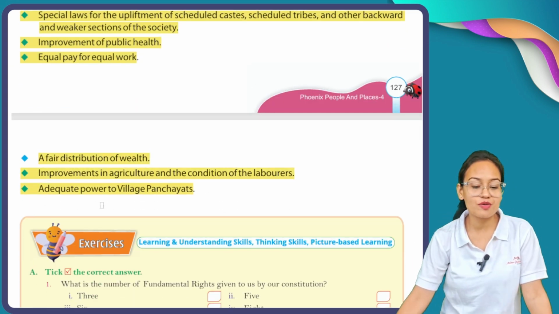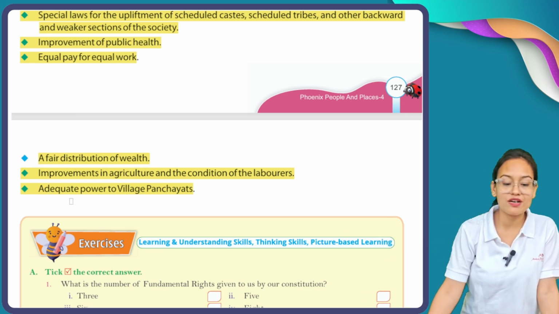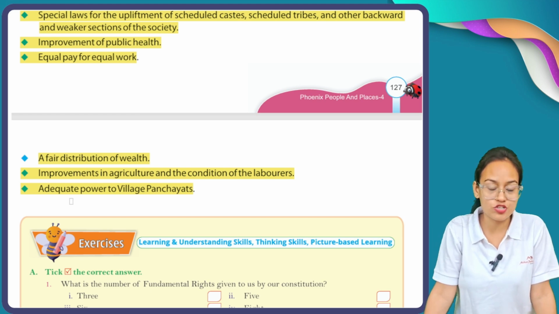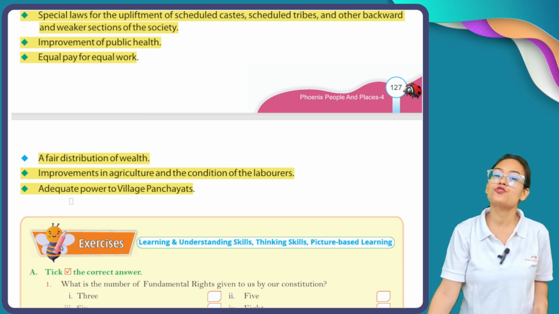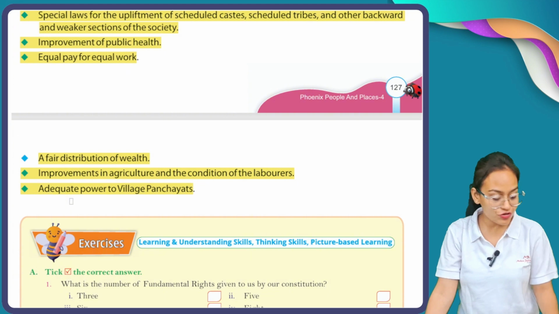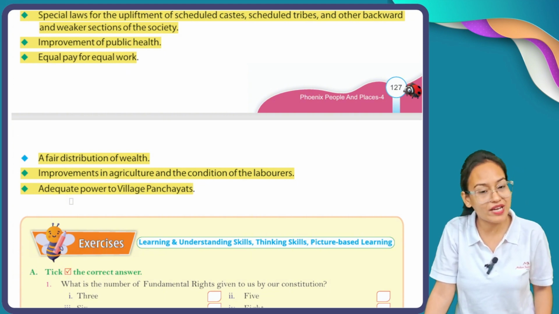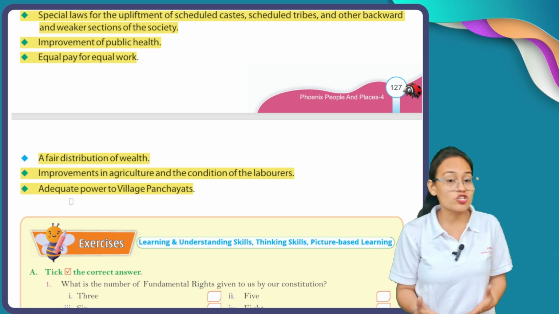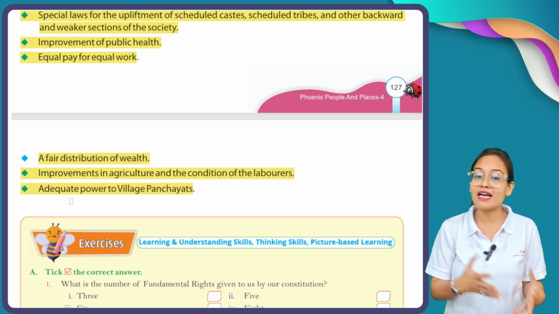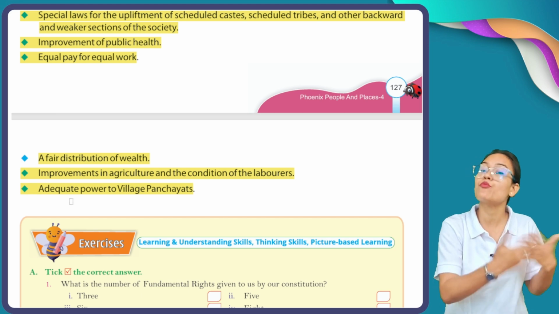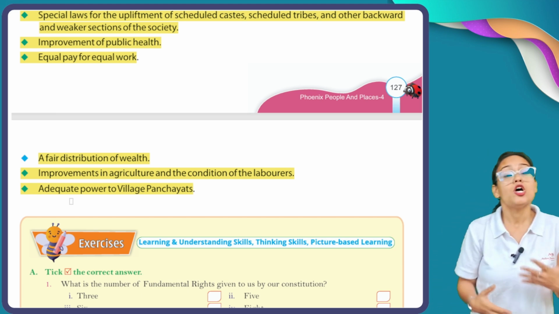A fair distribution of wealth, improvement in agriculture and conditions of labor, adequate power to village panchayats. Now see, fair distribution of wealth: you have to distribute money in equal amounts at every level. Make changes in the agricultural system by improving it.